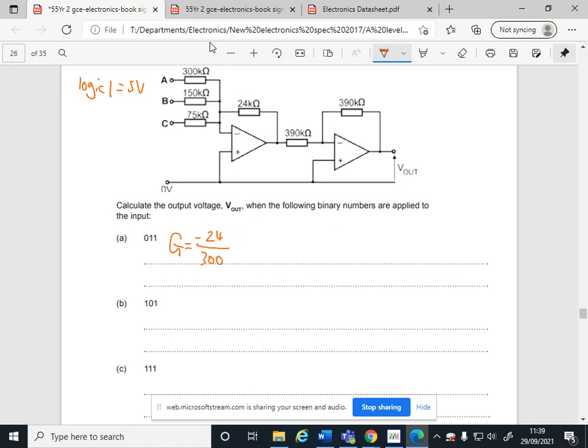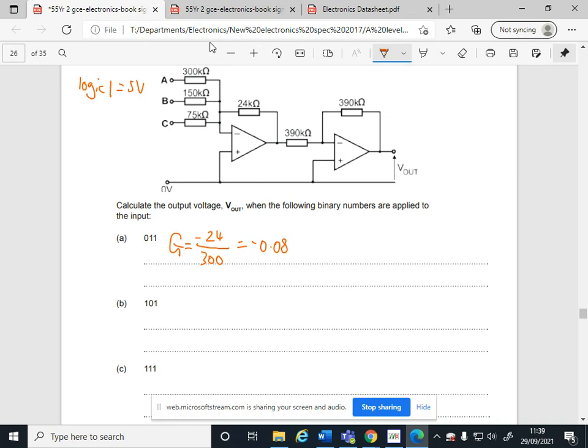Always work out the gain for the least significant bit; you'll see why. 24 divided by 300 gives me minus 0.08.